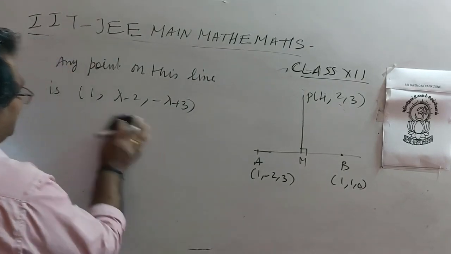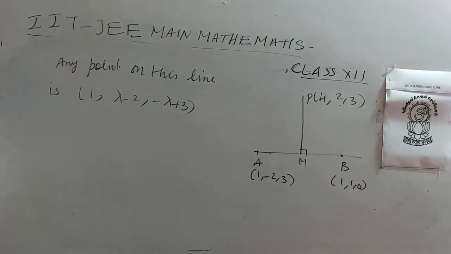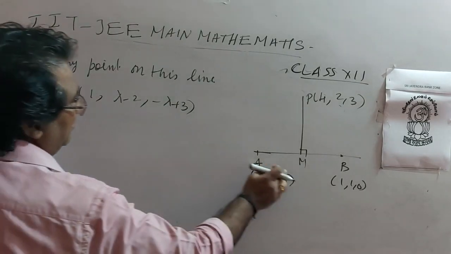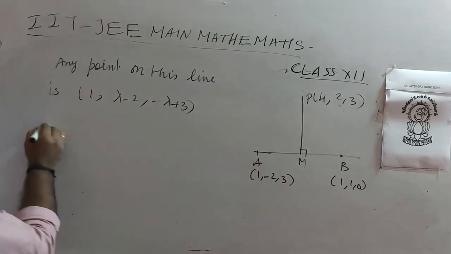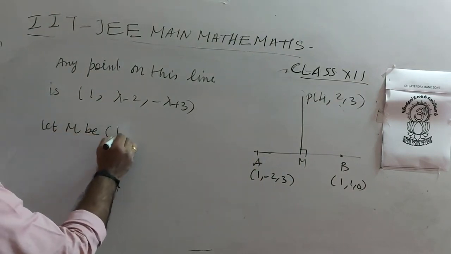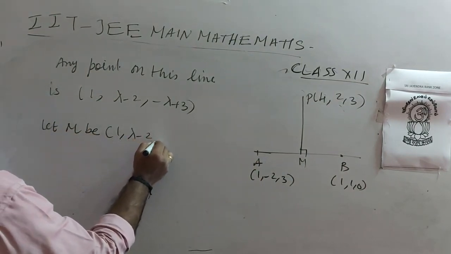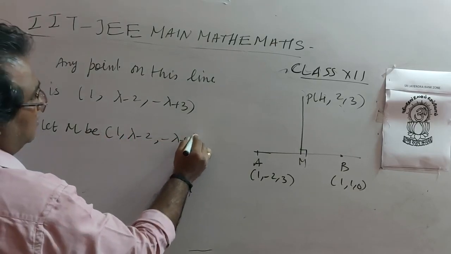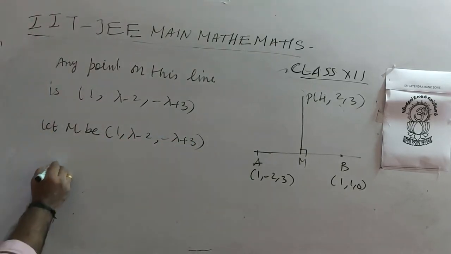So any point on this line, we assume, is represented by M. Let M be (1, lambda minus 2, minus lambda plus 3).